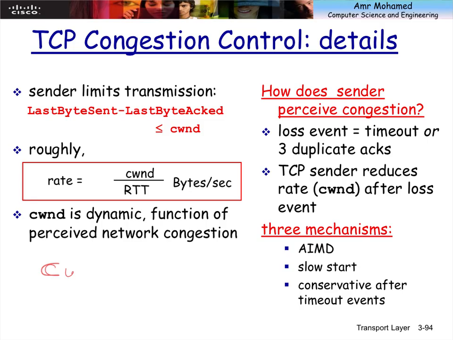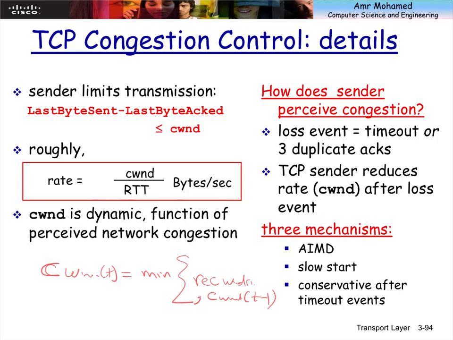The congestion window is actually the minimum of 2 things: the receiver window, which is calculated based on the available buffer size at the receiver, and the congestion window at time t minus 1. This is at time t.